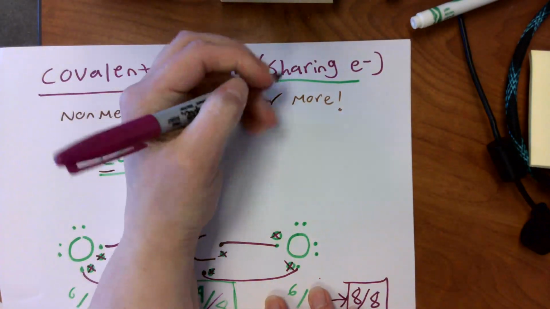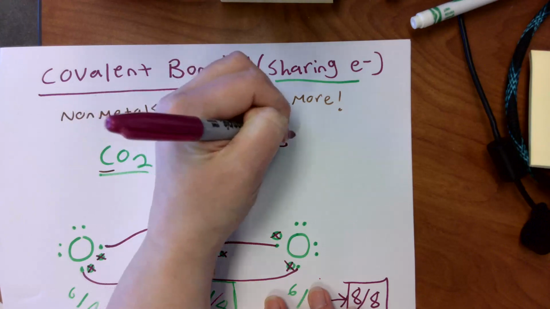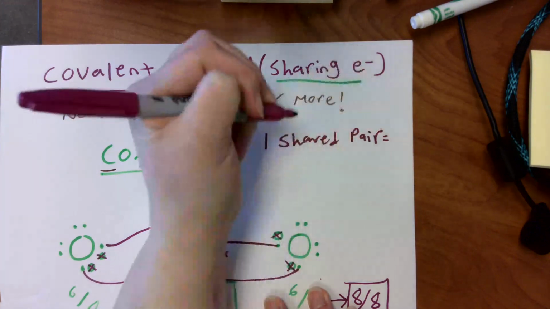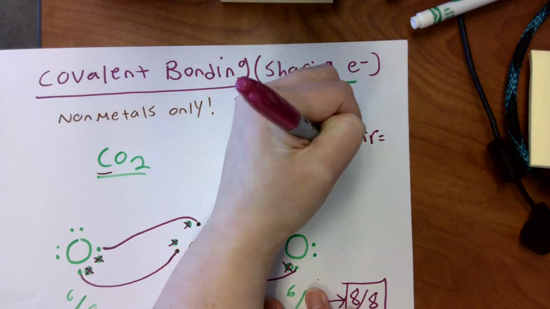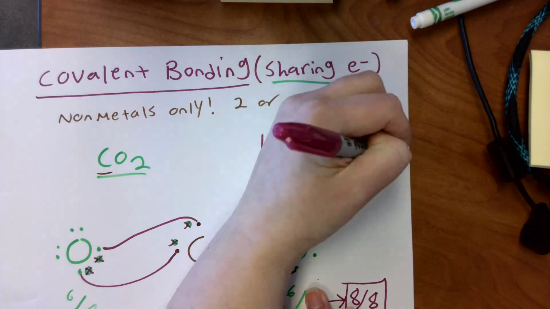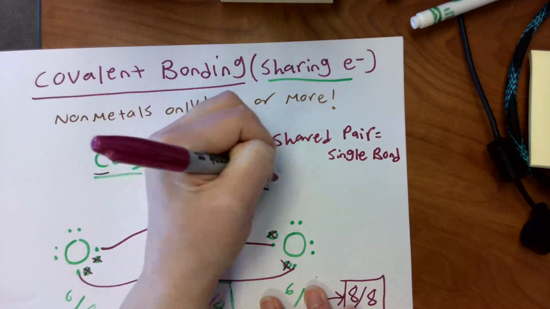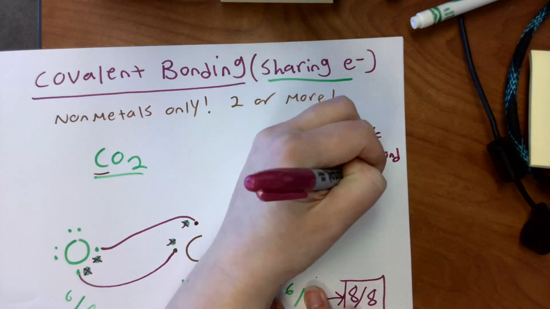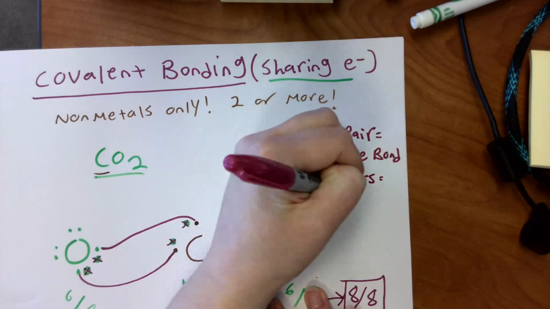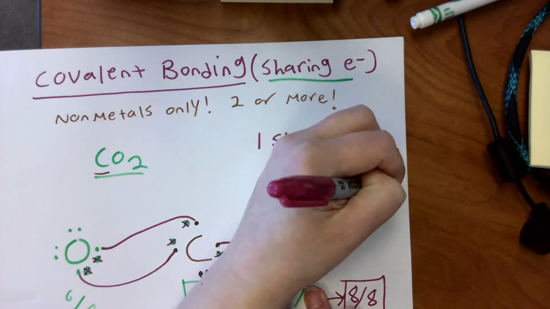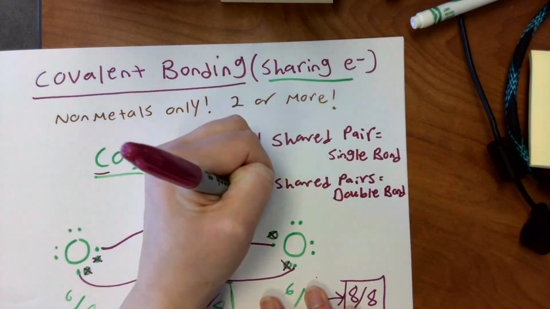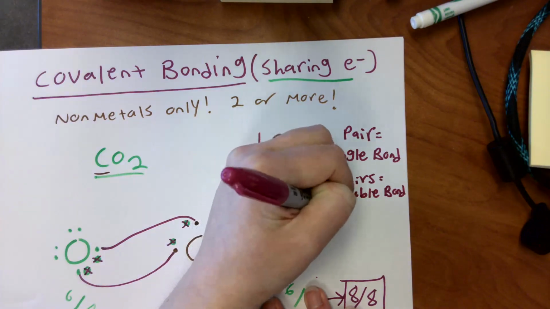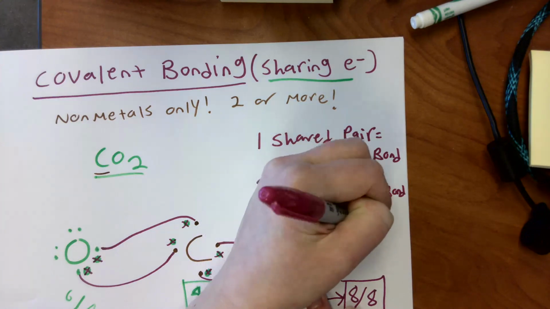So if there's one shared pair, that's a single bond. If there's 2 shared pairs, that is a double bond. 3 is a triple bond. 4 is a quadruple bond.